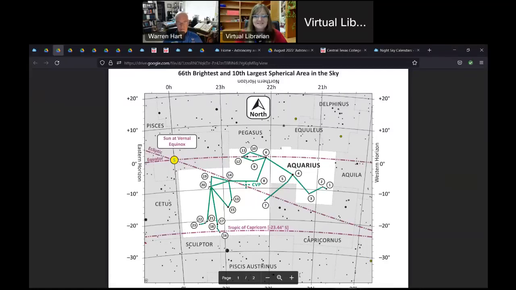Interesting thing about Pegasus. He's got something going right through the middle of his head. What is that? Look over to the left and you will see the name of it, and there it is: the equator.